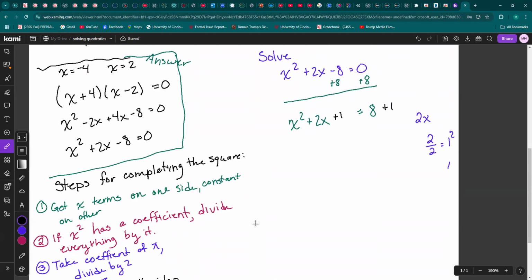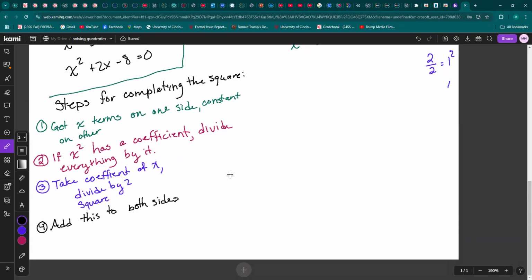Okay, your left side should be a perfect square trinomial, meaning the number that you have on the left side should be a perfect square. If I multiply it times the first, or basically go 1 times whatever it was, because my lead coefficient is 1, and double it, I should have that middle term. So the left side should be a perfect square trinomial. And then we're going to write how we do perfect square trinomials.